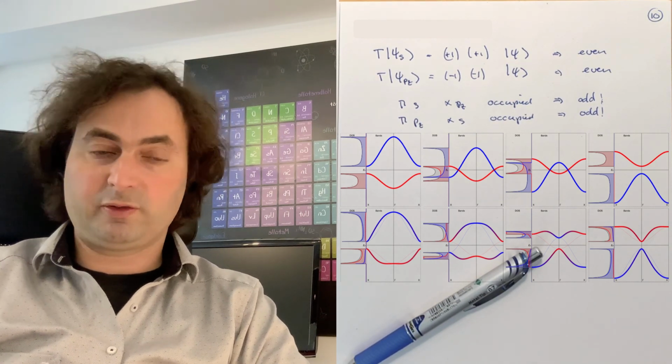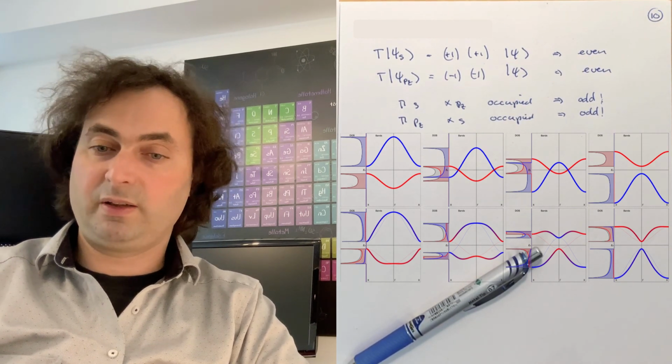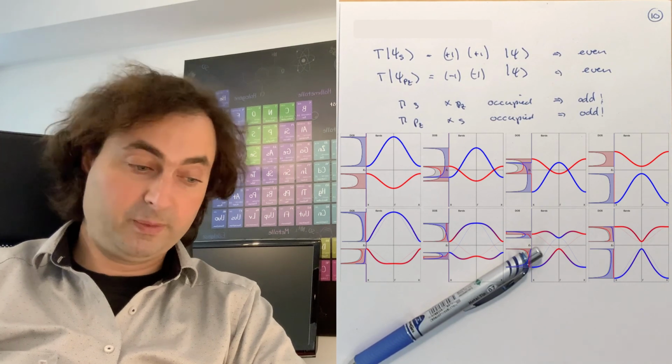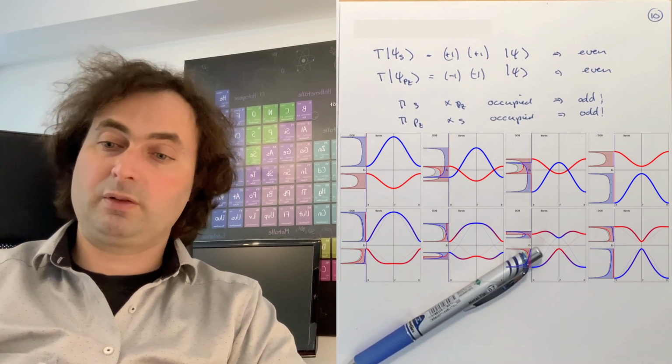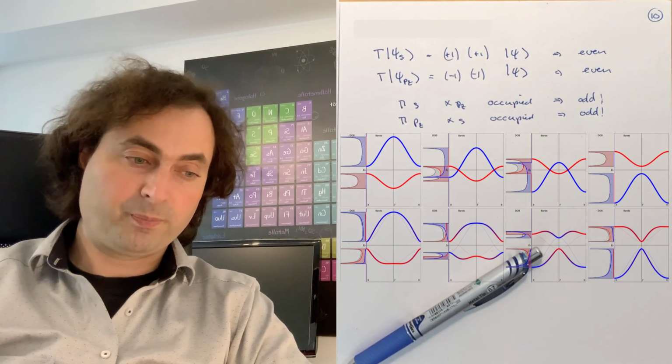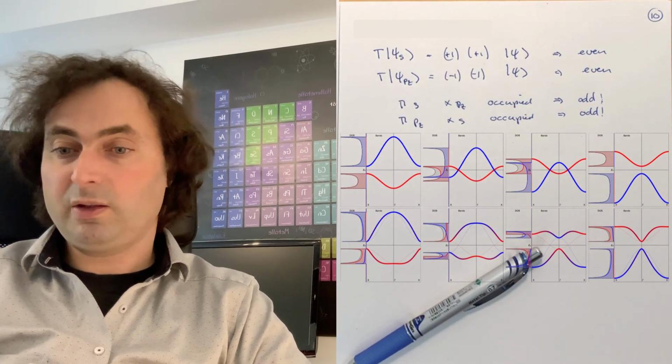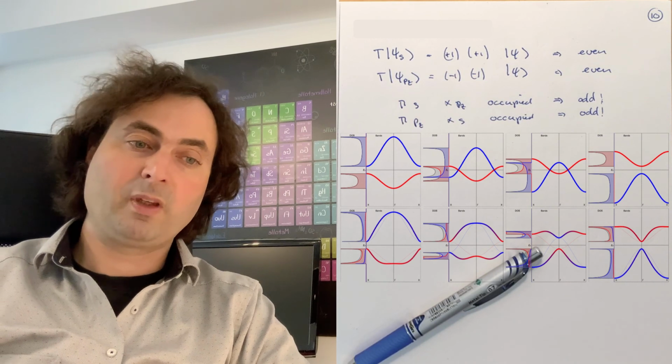I'm not aware of materials where you can really do this other than in theory. There are materials where you have an odd ground state wave function, and there are materials where you have an even ground state wave function.